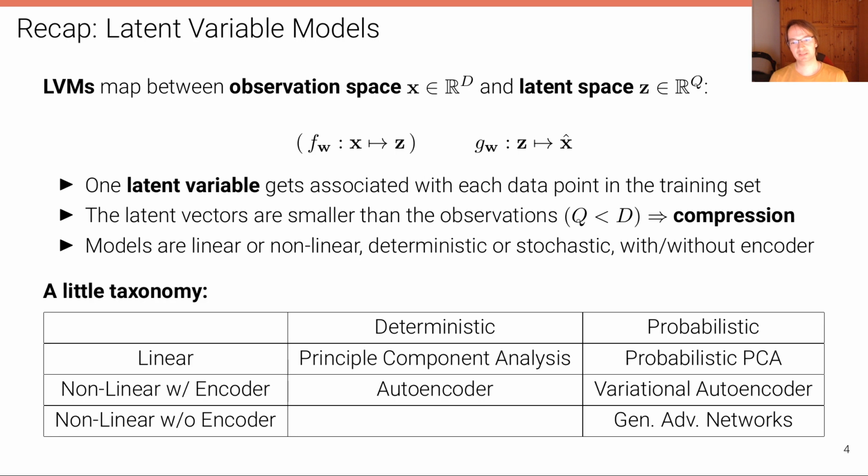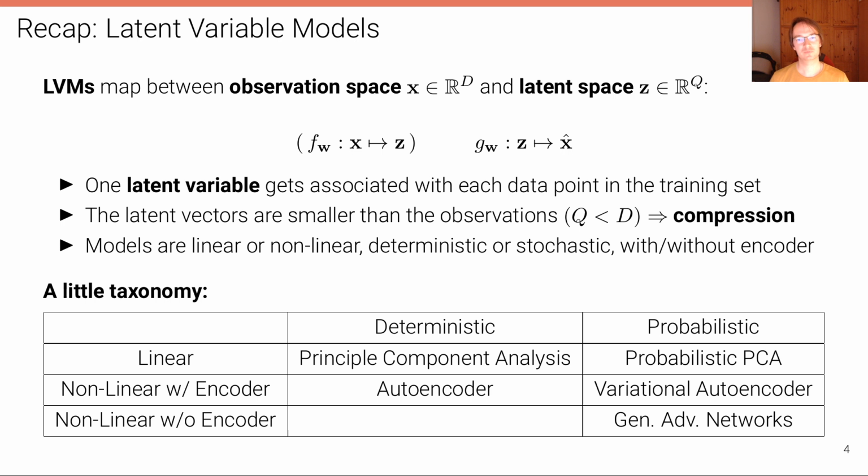We've seen a little taxonomy of just a small subsection of all possible latent variable models that have been proposed here in this table. And we have been discussing principal component analysis, autoencoders and VAEs in the last lecture. Today, we're going to talk about generative adversarial networks, which are also probabilistic models, so they qualify as generative models.